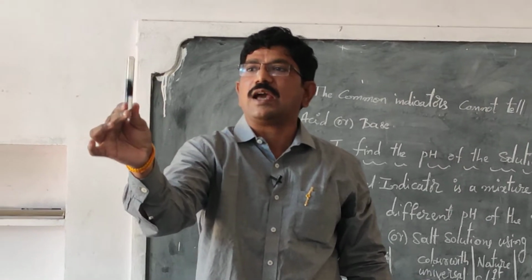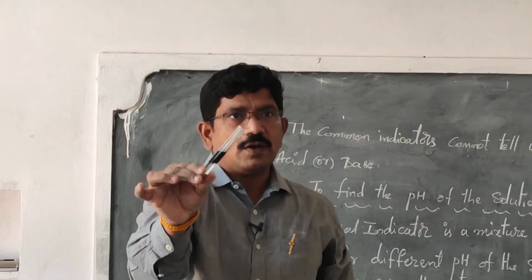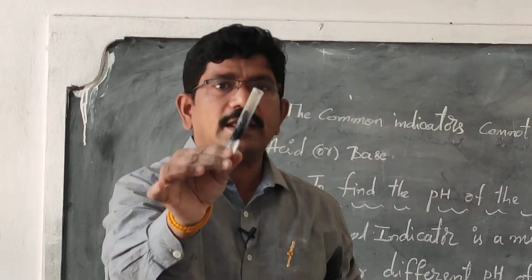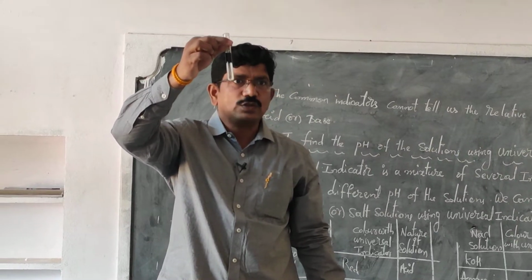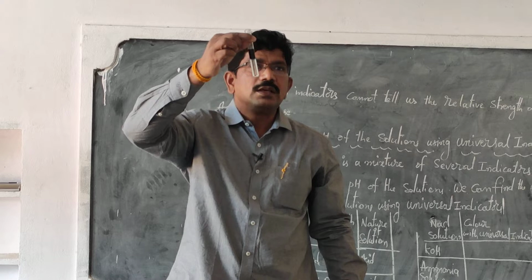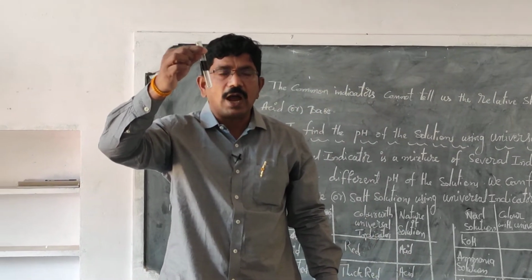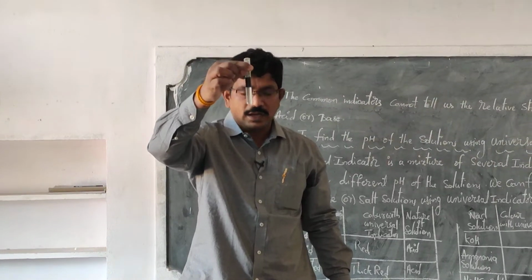Is it green or not? Yes, sir. It is green color. So, this is the salt solution. The color of the universal indicator in the salt solution is green. Are you clear?